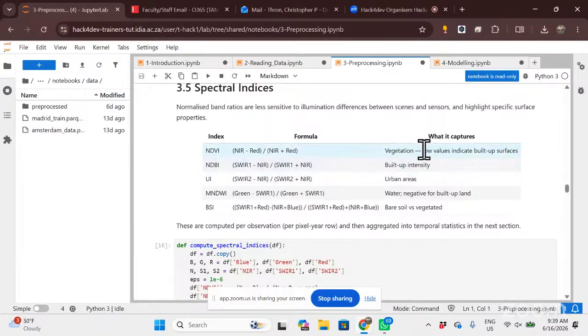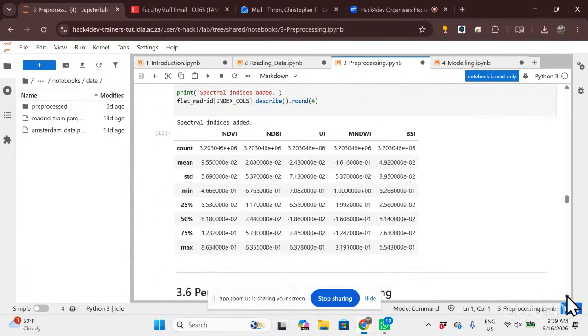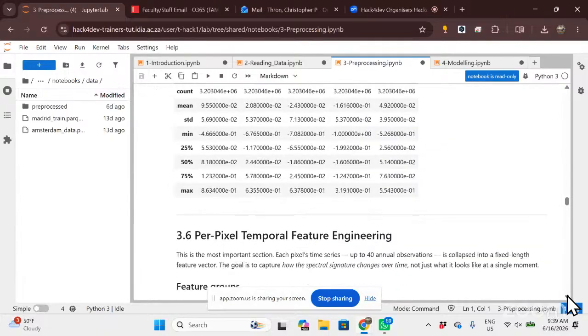Here it says that these relate to different things: this captures vegetation, this captures built-up intensity, urban areas, et cetera. This is from the literature that urban planners have used. So these are added to the data.